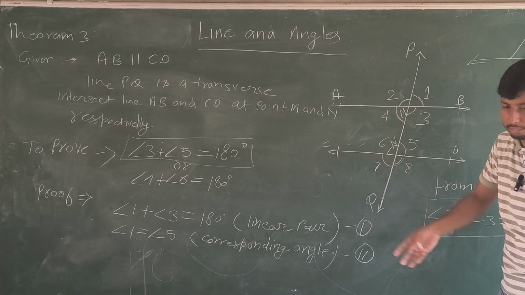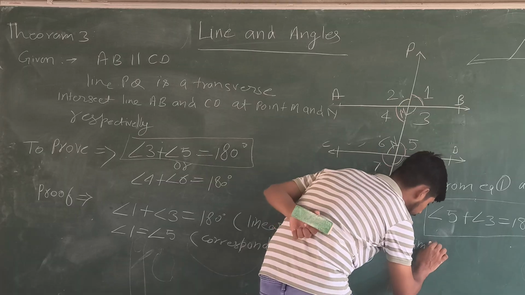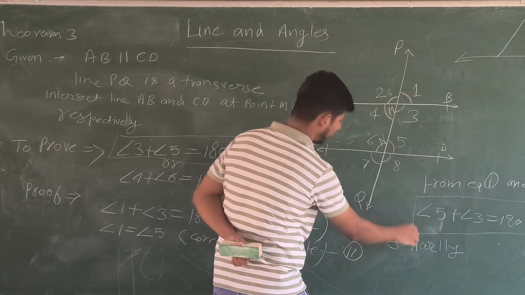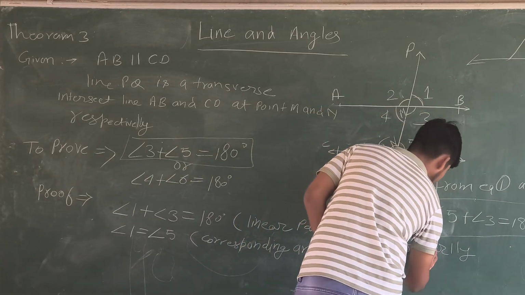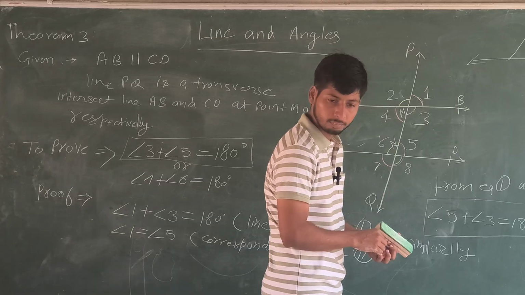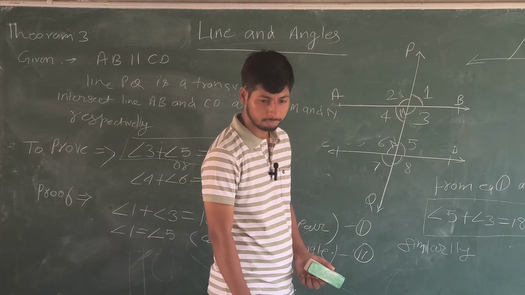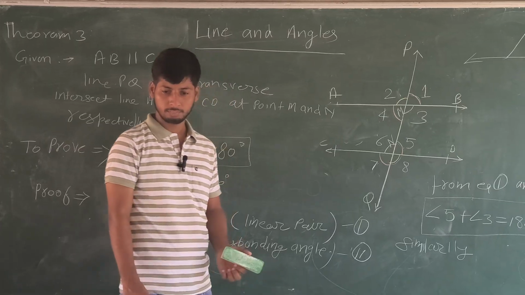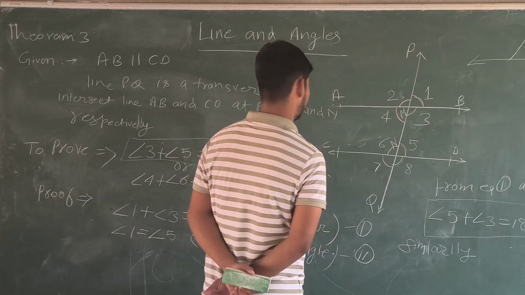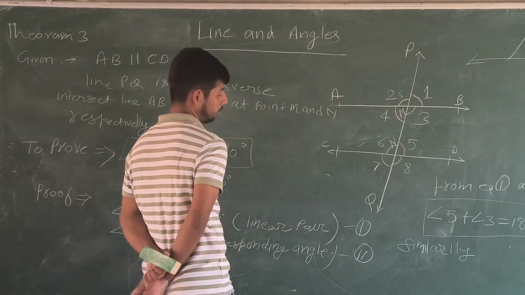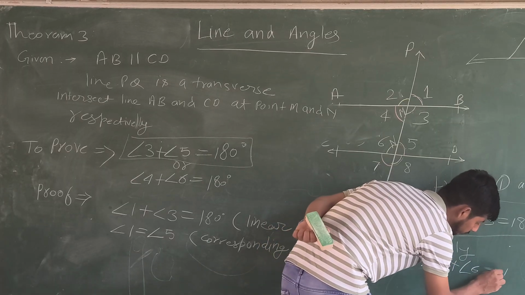So we can write that angle 4 plus angle 6 is equal to 180 degrees.